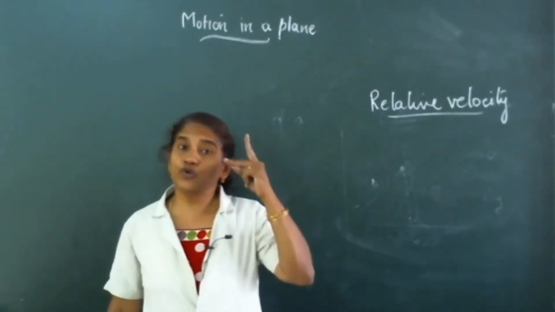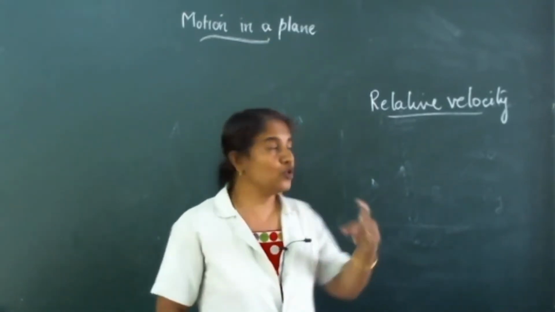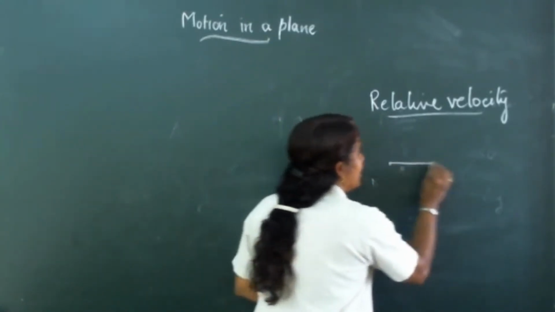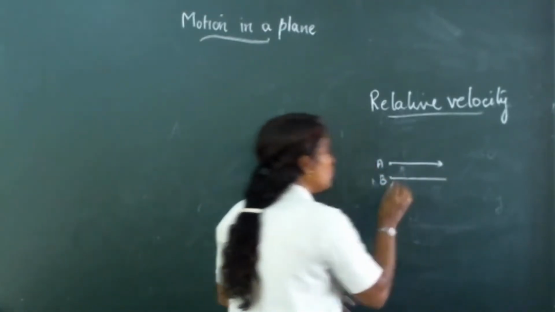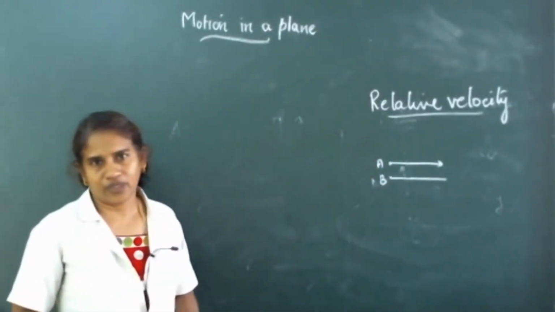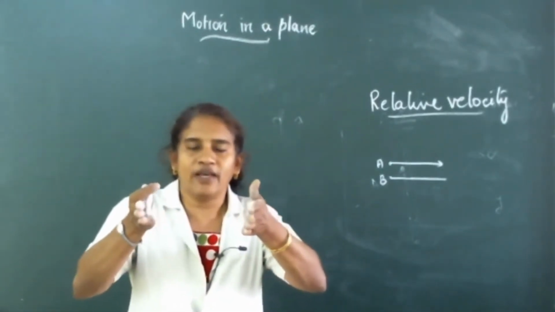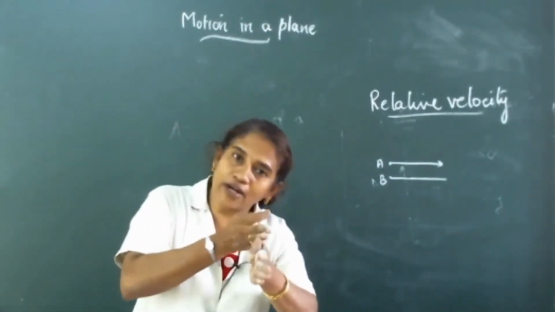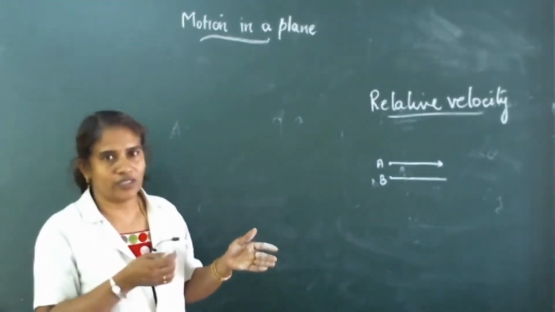When two bodies are moving, the velocity of one body with respect to the other one, not the original velocity, is known as relative velocity.